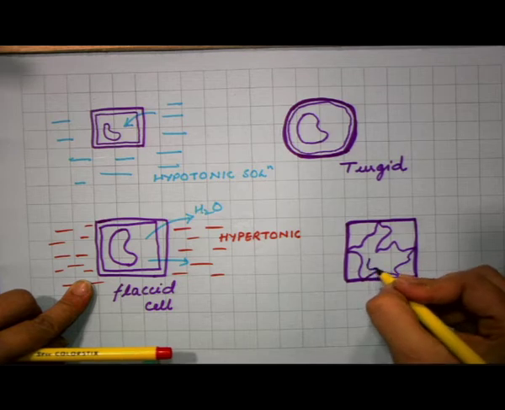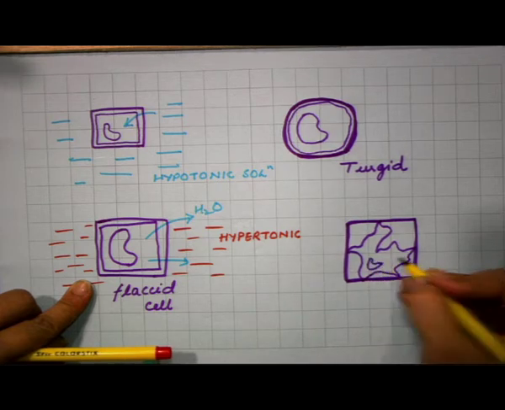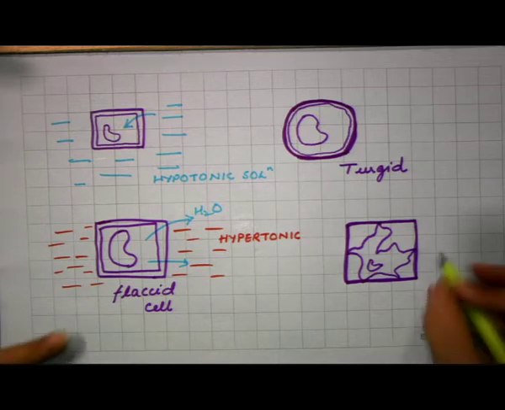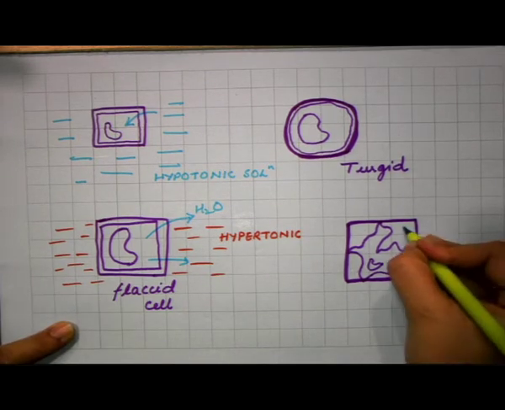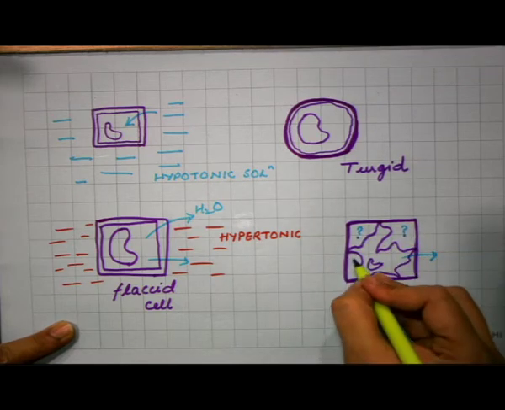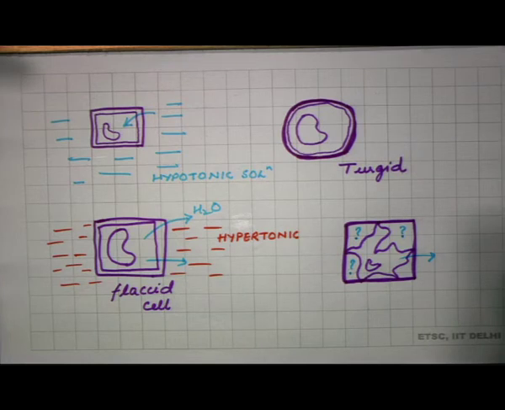The vacuole is also very small now. So, my question is that since the water has moved out, what is present here? Are these places empty? Is air present here?